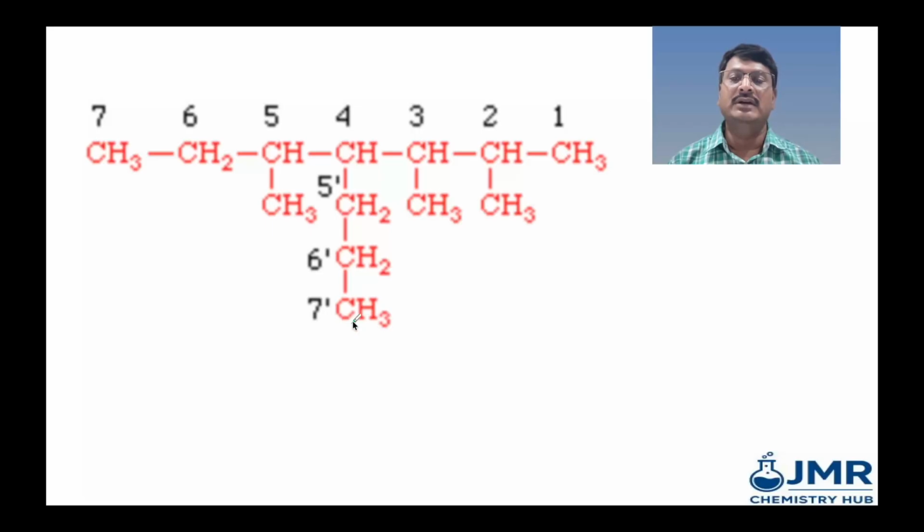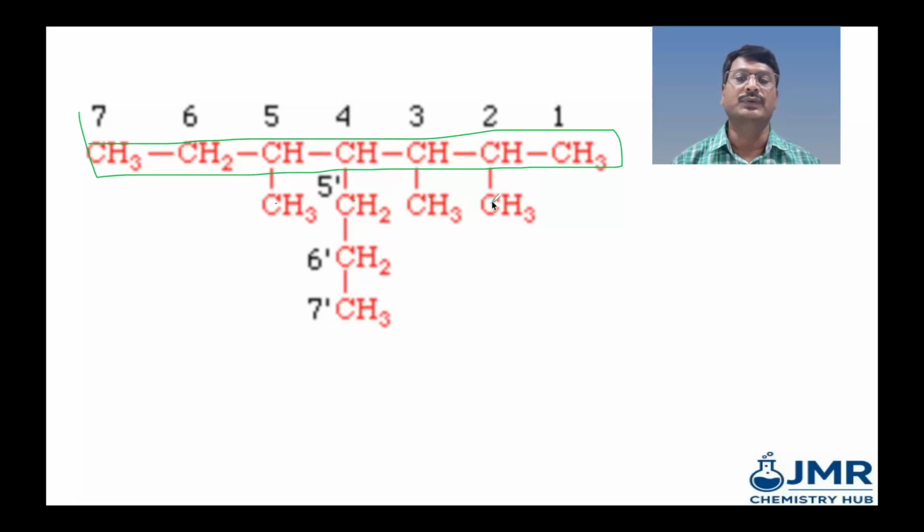When there is more than one, which chain do you select as the parent chain? You have to select the chain which contains the greater number of substituents. If we select this as the parent chain, how many substituents are there? 1, 2, 3, 4. It contains a total of 4 substituents.